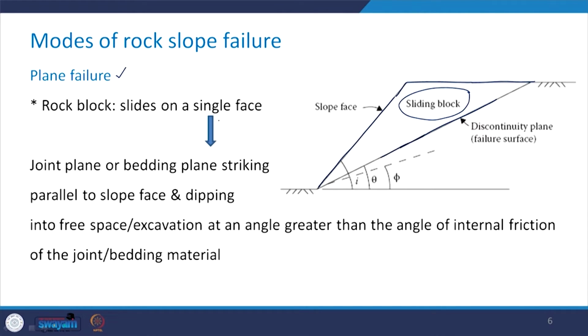This single face can be a joint plane or a bedding plane which is striking parallel to the slope face and dipping into free space or excavation at an angle greater than the angle of internal friction of the joint or the bedding material, which has been shown here as angle phi.